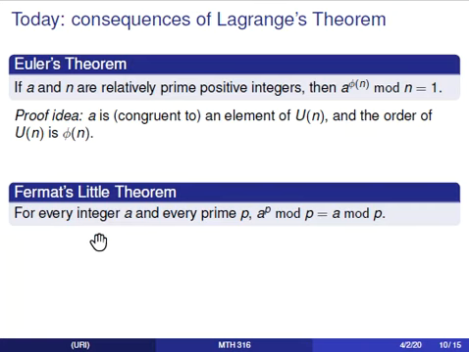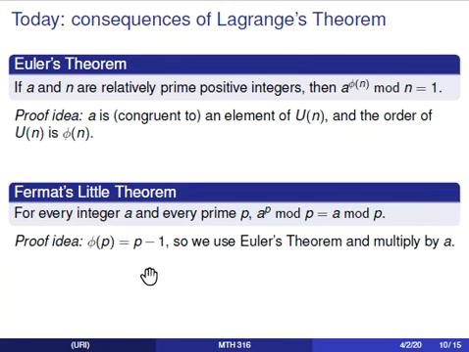Now, Euler's theorem is the main idea behind what's famously known as Fermat's little theorem. Fermat's little theorem says that for every integer a and for every prime p, a raised to the p modulo p will be equal to whatever a mod p is as well. So it's got a nice, pleasing look there, and it follows almost immediately from Euler's theorem.